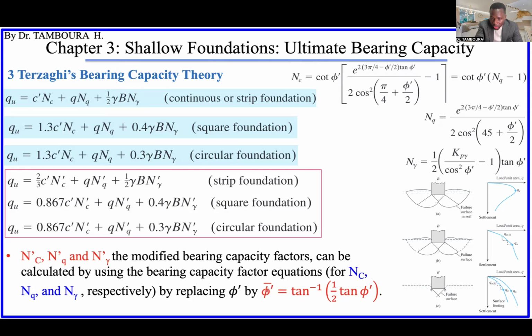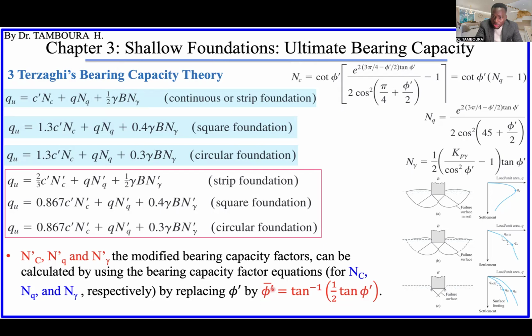You first calculate this new modified angle from the friction angle that you would use for general shear failure, and then you obtain a new angle.